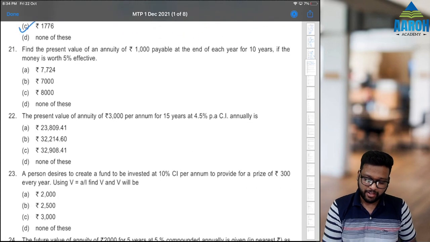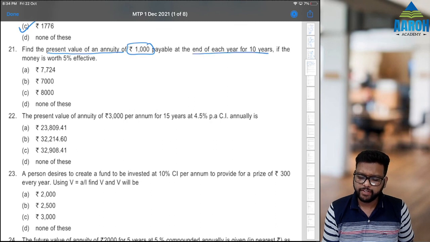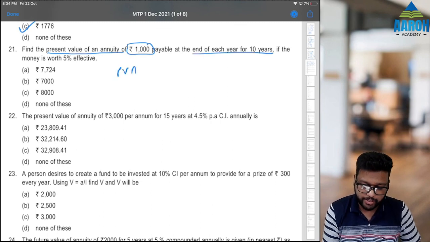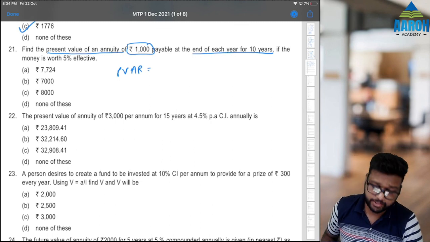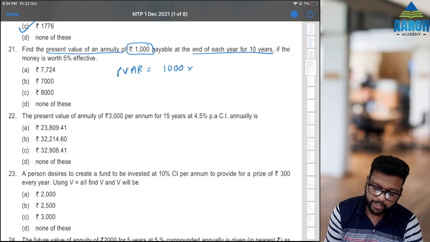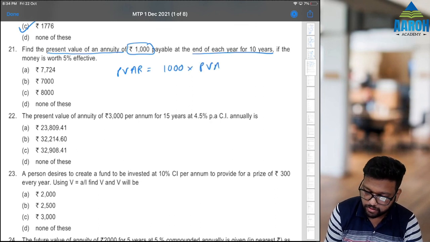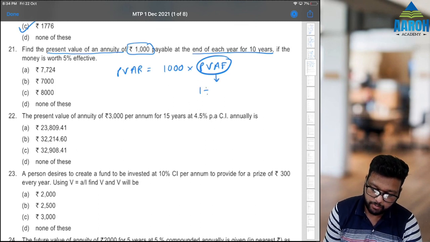Next, find present value of annuity of 1000 payable at end of each year. So this is present value of annuity regular for 10 years if the money is worth 5%. So present value will be annuity amount into present value factor. How do we find present value factor? 1 divided by 1 plus I, that is 1.05.